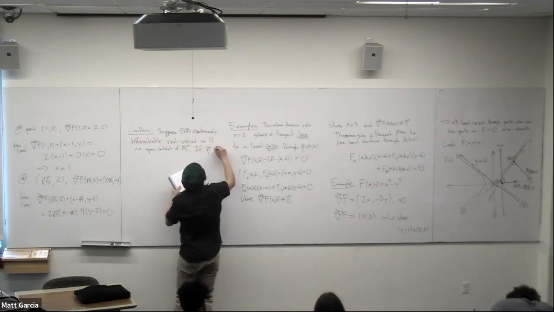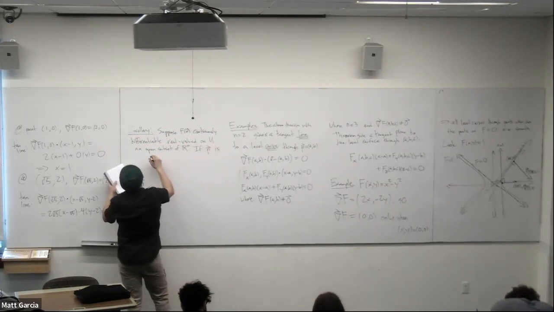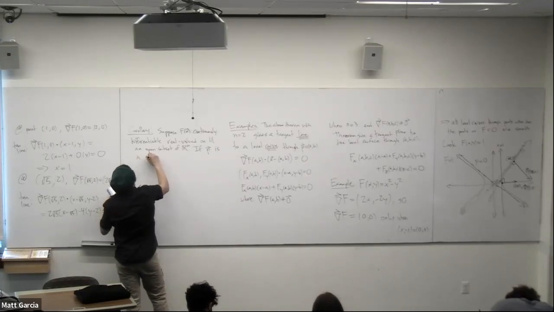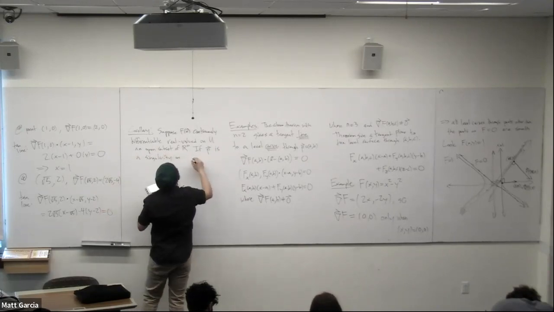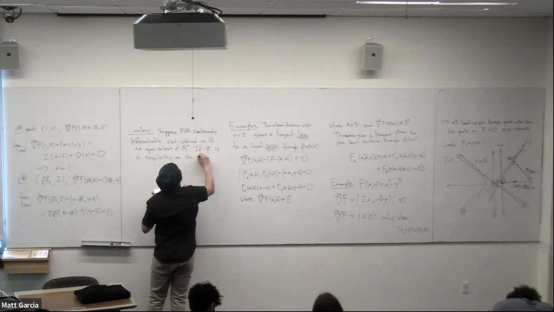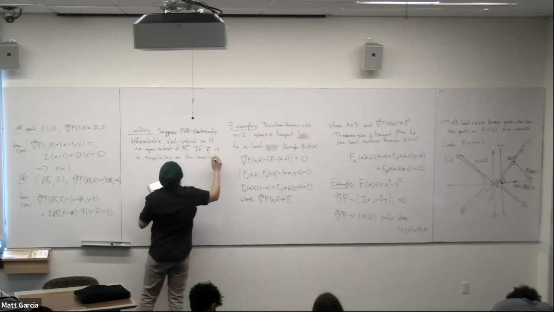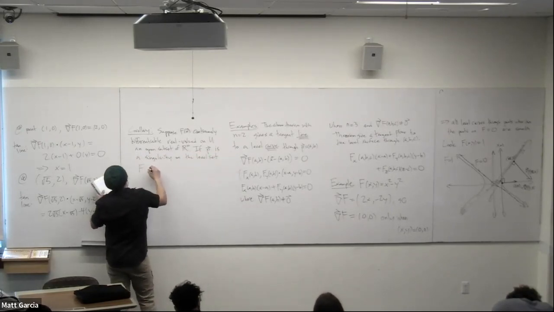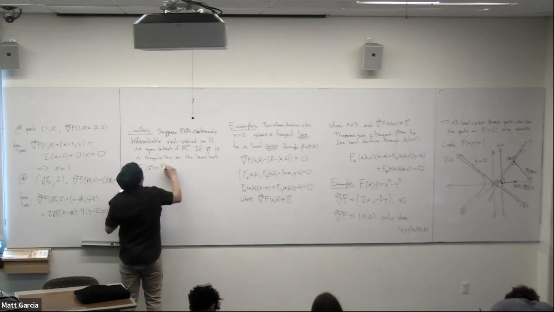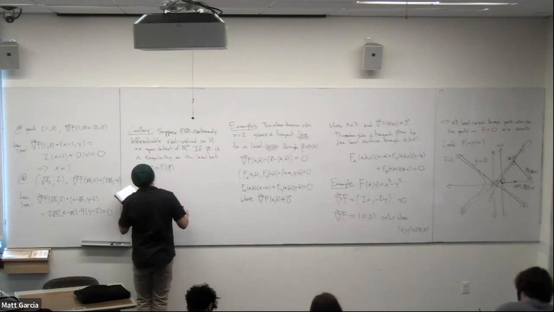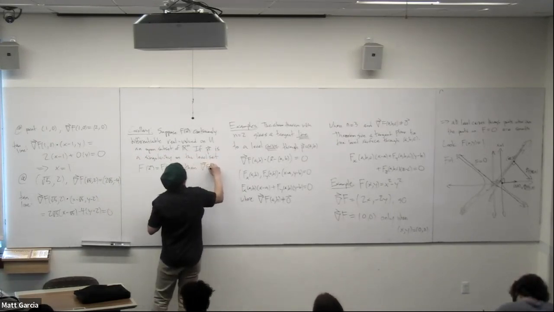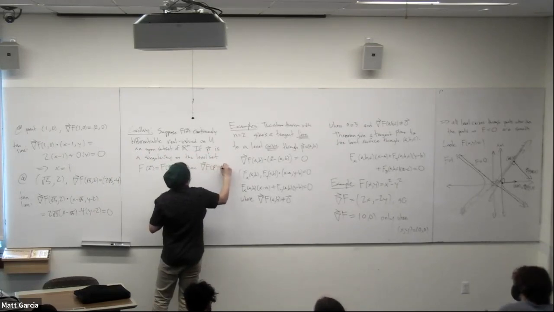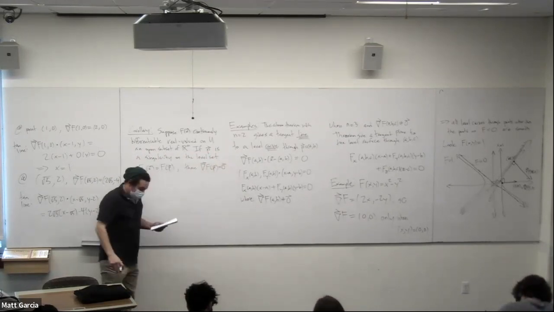If p is a singularity on the level set f of x equals f of p, then the gradient of f at p must be the 0 vector.